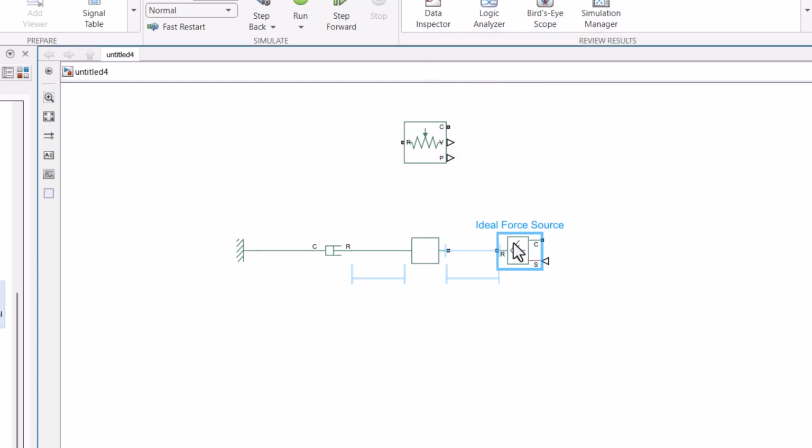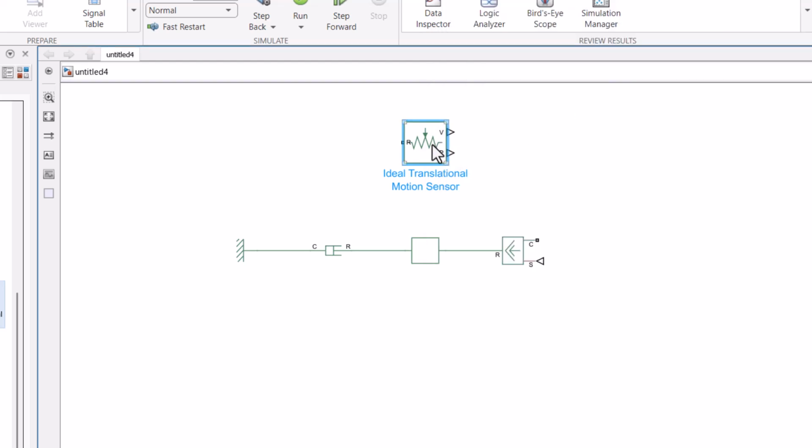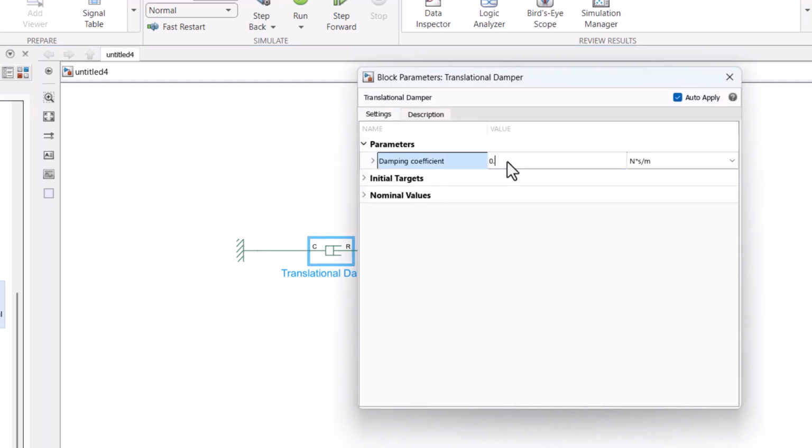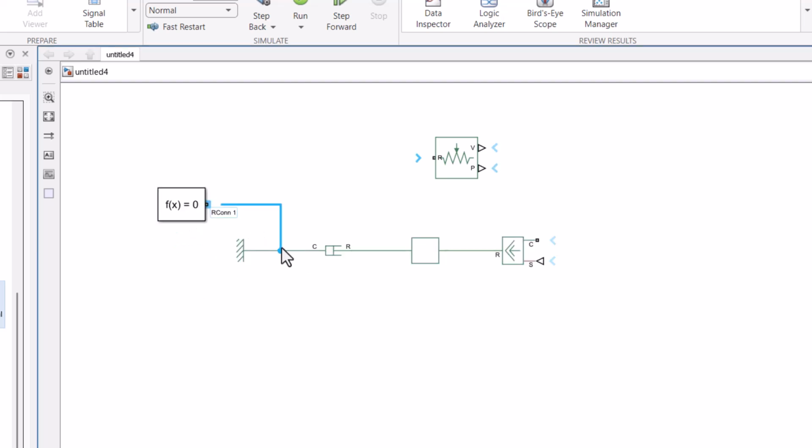I convert the ideal force here. You know, I have talked about all of these elements previously in my vibration course, so you may want to check those tutorials too. I set the translational damper to be 0.3 Newton second per meter. I need a solver configuration block. What else do I need?